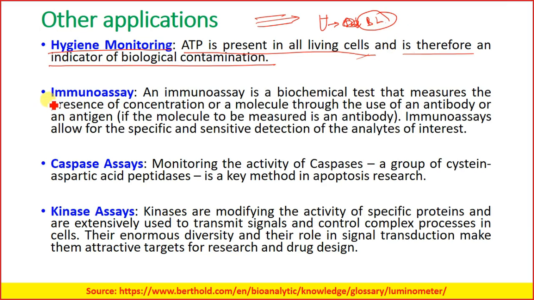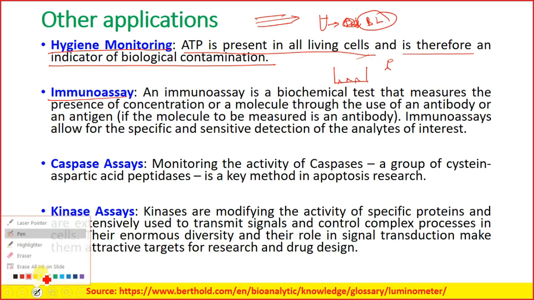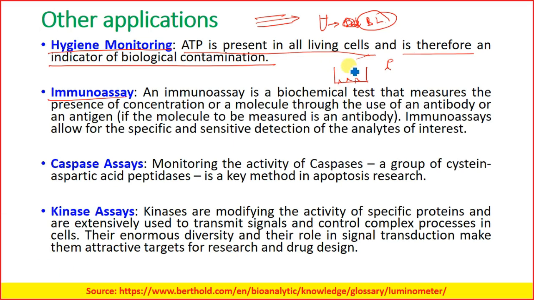Then we can have immunoassay. I'm just giving an example. Say you have the antigen immobilized onto a surface, then you have antibodies attached with luciferase enzyme, and you put it within the well.